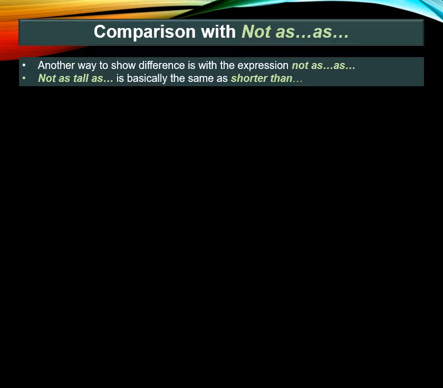Now, another way to show difference is with the expression not as something as. Not as tall as is basically the same as shorter than. Notice you don't mix -ER, as, and than. Okay? -ER goes with than, as is followed by the base form.